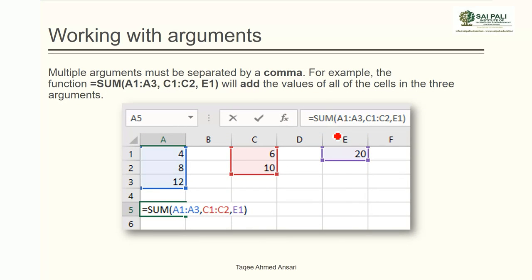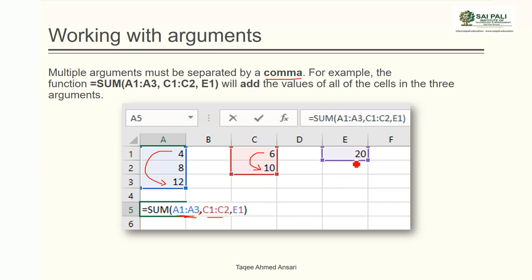And some functions can accept multiple values. When you are giving multiple values in the same function, they must be divided by a comma. For example, here I'm using SUM again, and I'm mentioning multiple arguments. The first argument is the range from A1 to A3, and after that I'm using a comma to divide it, and then the next range I'm mentioning is from C21 to C2.